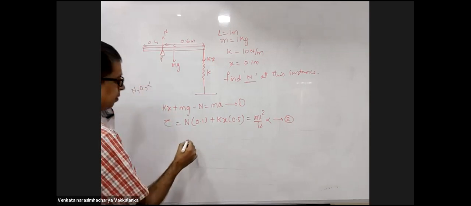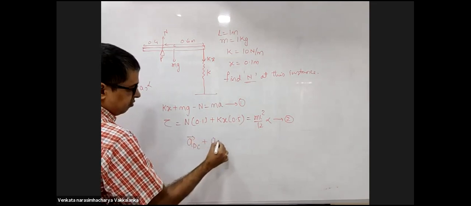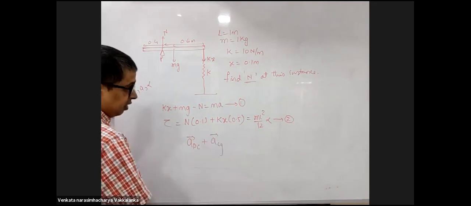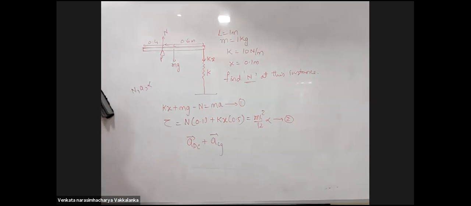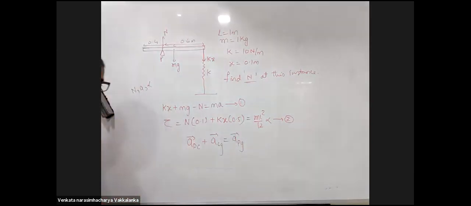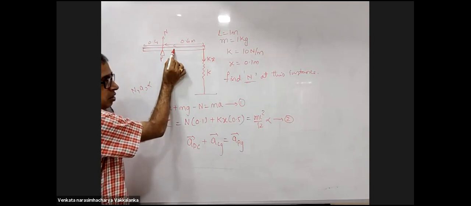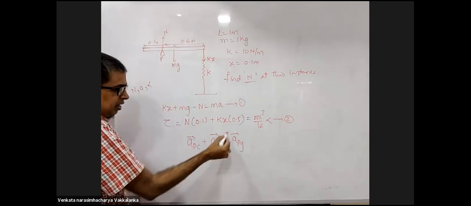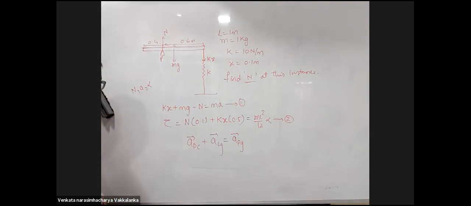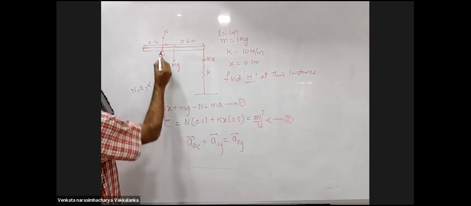I call this P. Acceleration of P with respect to center of mass plus acceleration of center of mass with respect to ground is acceleration of point P with respect to ground.